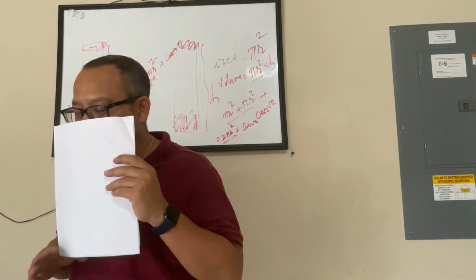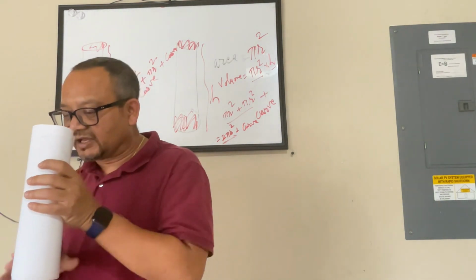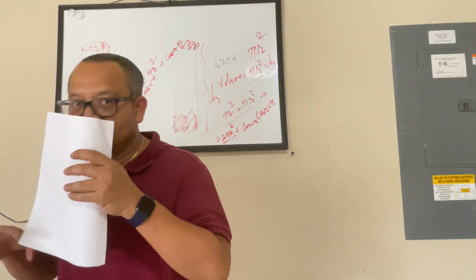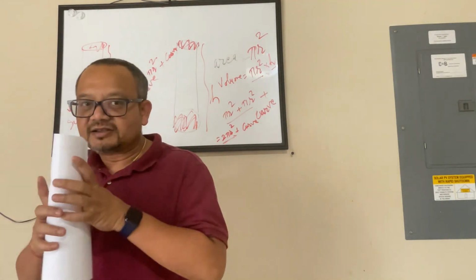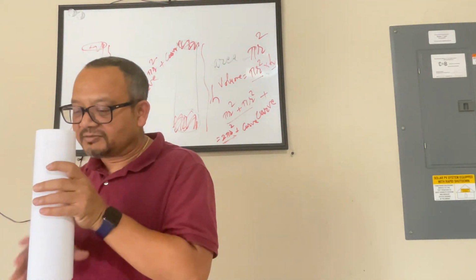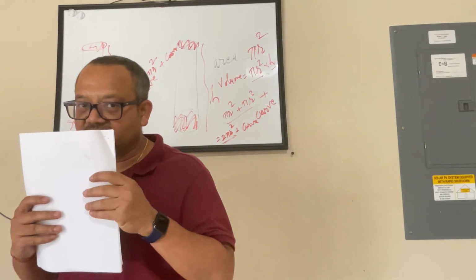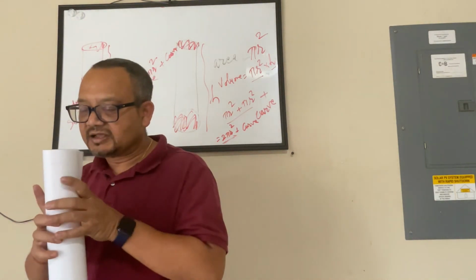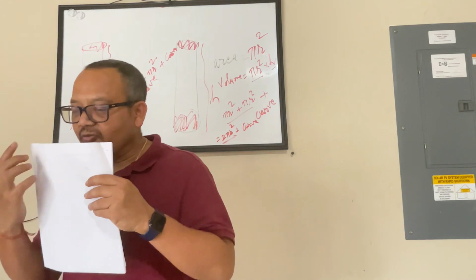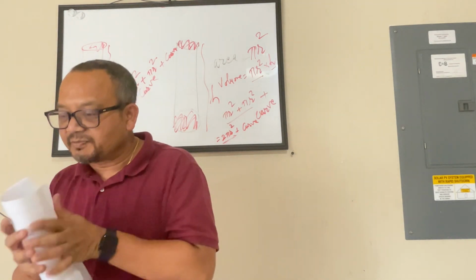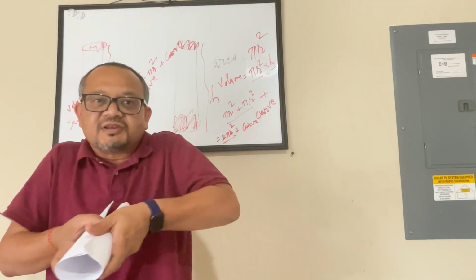One side of this rectangle is the height of the cylinder, right? Now, what about this one? This is nothing but the perimeter of the circle that you were seeing before.